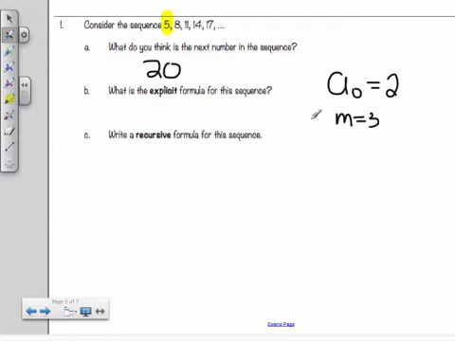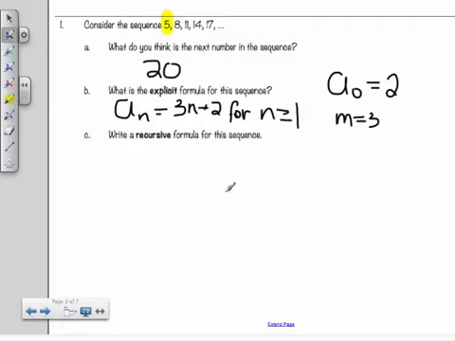So that means that my explicit formula is going to be a sub n equals 3 per term in my sequence, plus 2. Okay, and this is for all values of n greater than or equal to 1, but these have to be integer values of n.